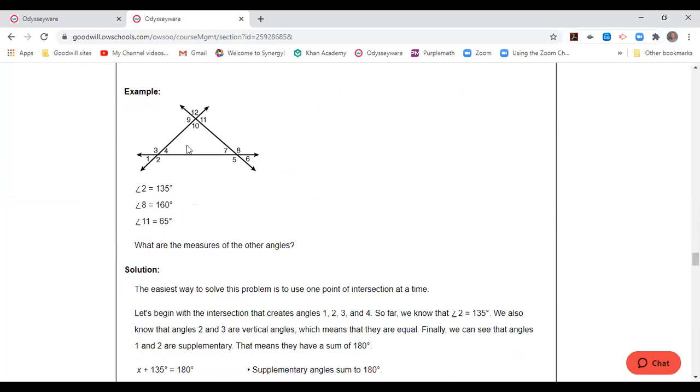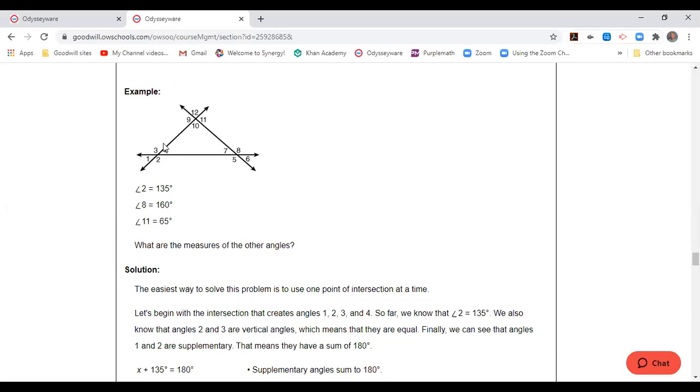Now, with this shape here, with the 3 different lines crossing, they're going to give you one angle measurement in each corner of this drawing, but it doesn't change anything as far as how you figure out the rest.